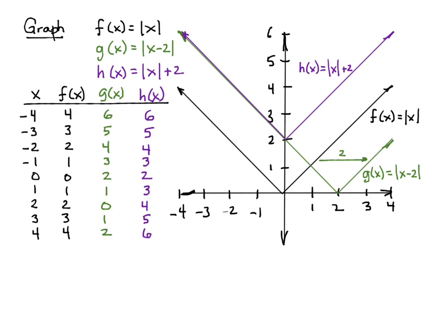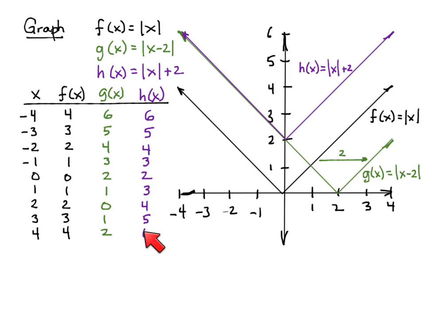Now, if we look at h at x, I don't know if you caught that, but we have a double line here. So h at x comes down here, and then it turns right around at 2, and then goes up. And so this one, you can see that from f at x, it just literally adds 2 to every value.